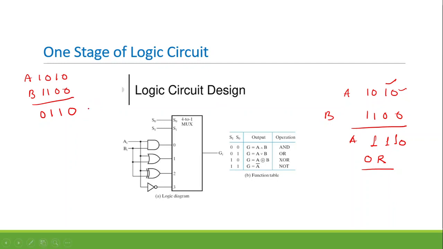So here the two leftmost bits of B are ones, so the corresponding bits of A are complemented. If it is 1, the output is 0. If it was 0, the output is 1.